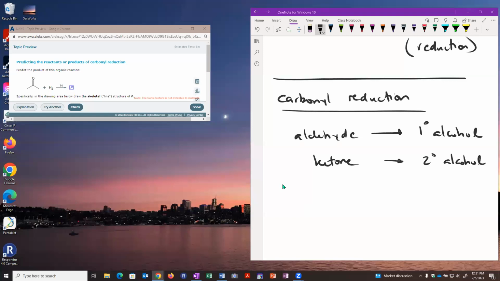All right, so here we're given a reaction, and we're looking to predict what the product is going to be. We're given this structure, and we're told that it's reacting with hydrogen and a Pd, a palladium catalyst, and these would be the conditions necessary for reduction.